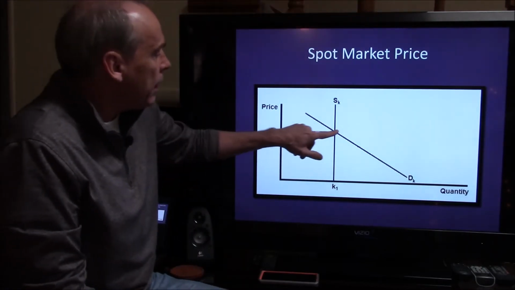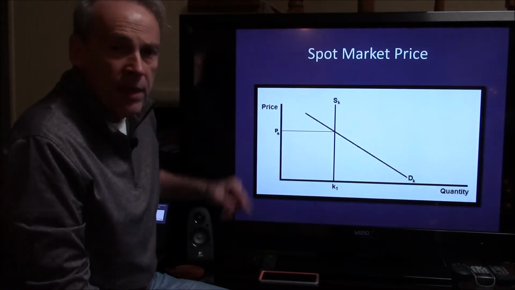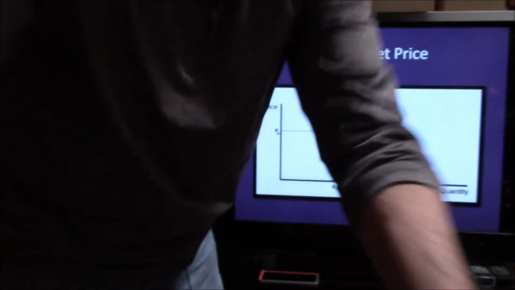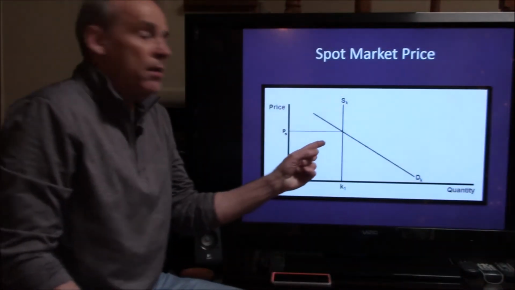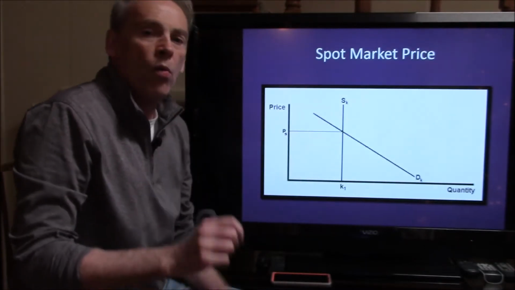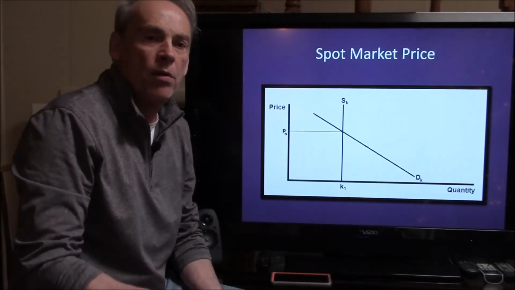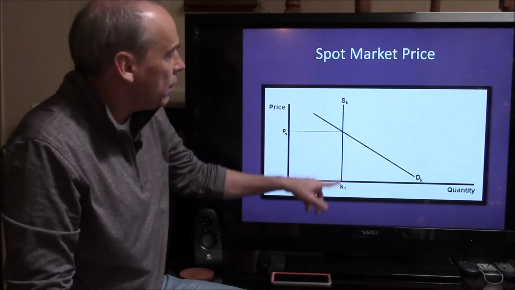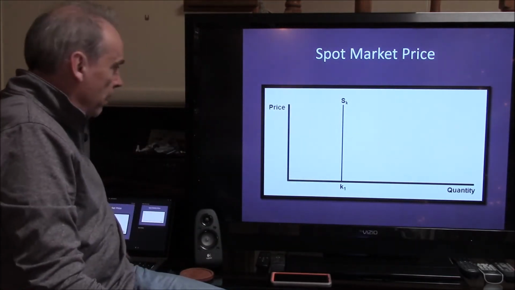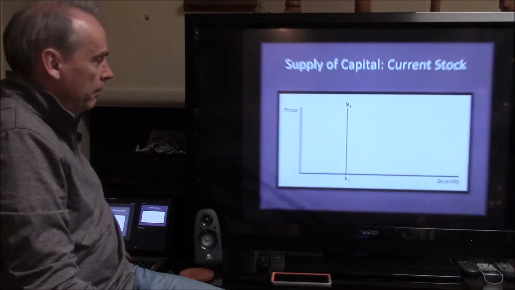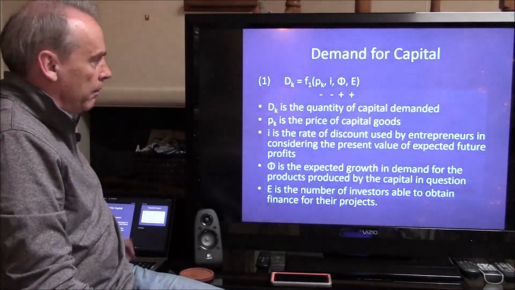is this is the demand price. Oh, I got my camera right in front of my monitor so I can't see what I'm pointing at. This is the price that entrepreneurs are willing to pay for a new unit of capital. Here is the existing supply. Here is the demand curve, which is derived from those right there.